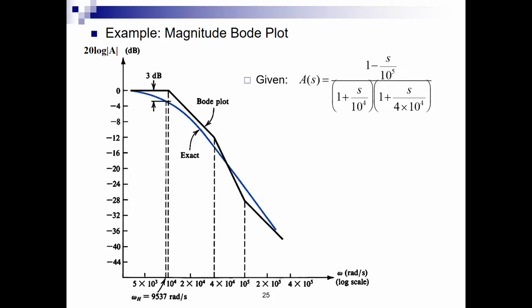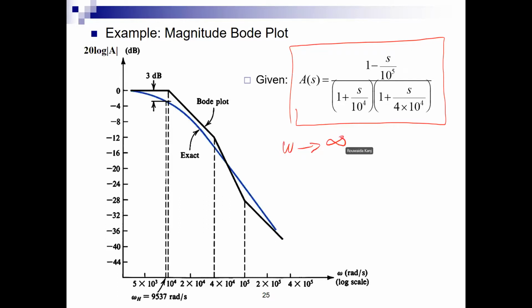For this example here, do you know how to find the phase of the system at infinity? As omega tends to infinity, what is the phase of the system? We ignore the ones because s is much bigger than 1.